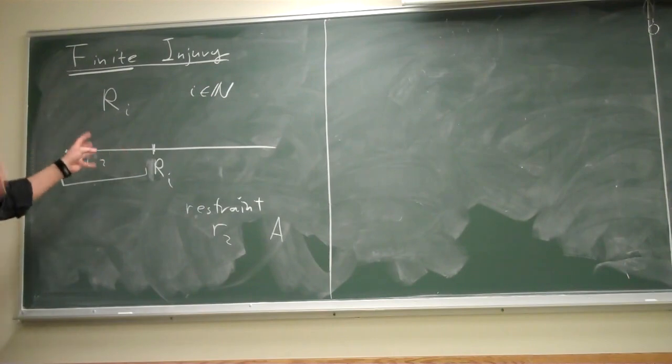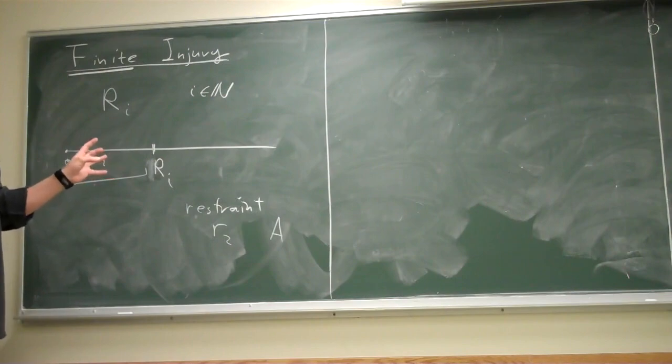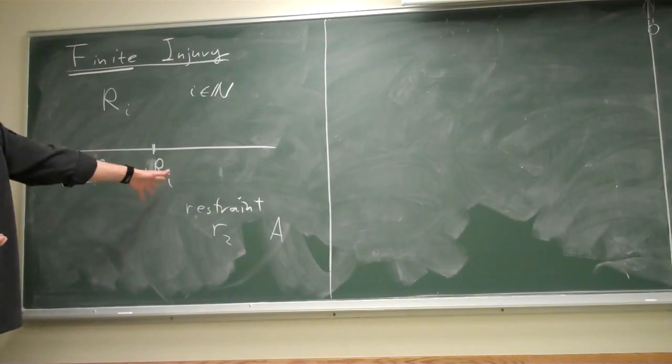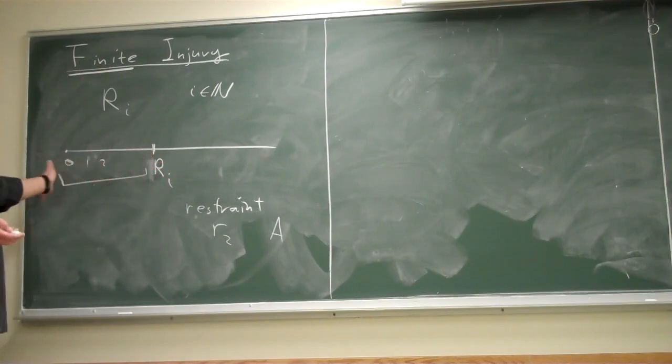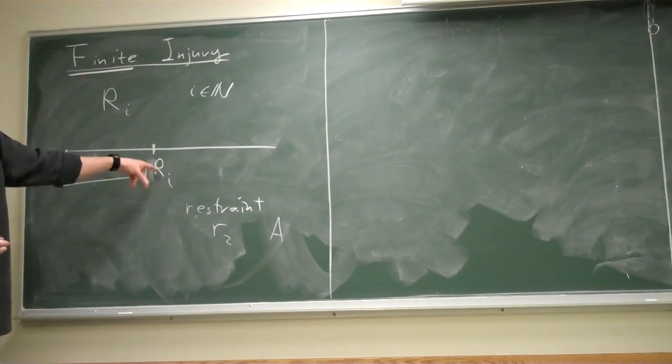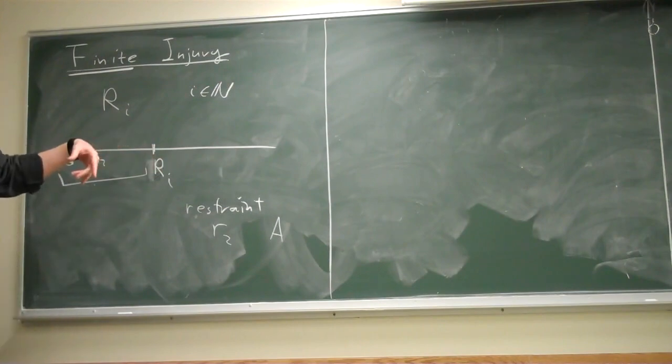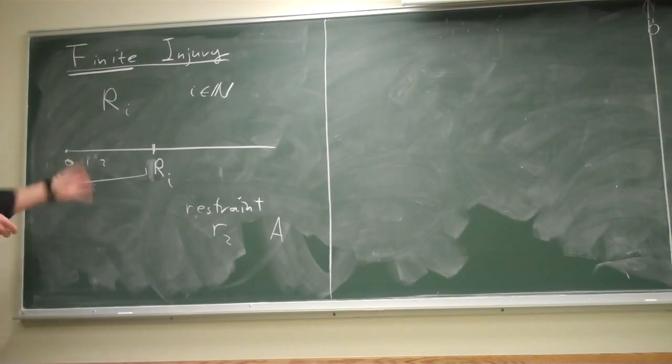And once they act, they are permanently satisfied. And so Ri only gets injured by the ones that are less than it. We'll therefore be able to conclude that Ri gets injured at most i many times. And then the inductive argument progresses from there and it all works out.